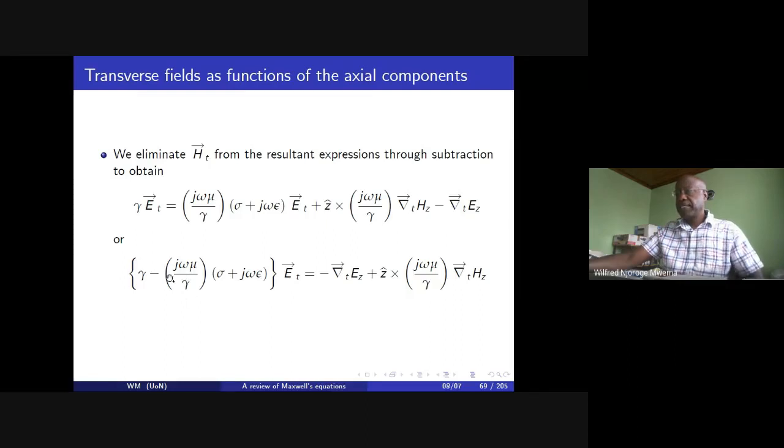Or in other words, we can put the things together, that is, we get the values of E of t, put it on the other side, and we leave only those remaining. And we see that that is going to be given by that.